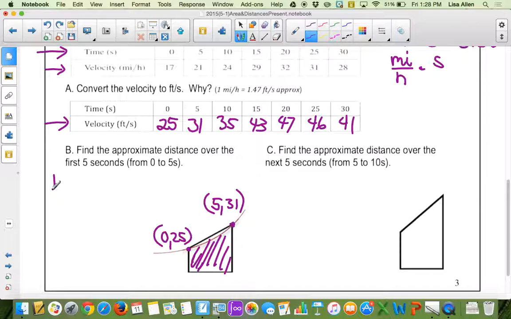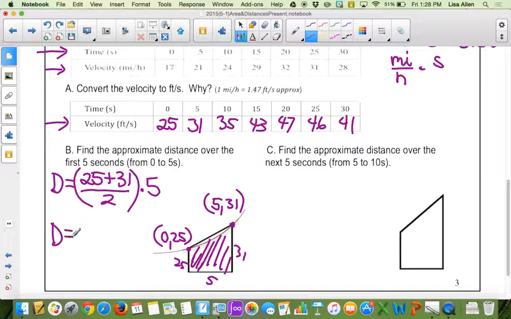So the distance is going to be equal to 25 plus 31, adding the bases, because here's 25, here's 31, and this is a length of 5. So it'll be 25 plus 31 over 2 times 5. When we calculate this, we get a distance, and the units are feet, of 140 feet.